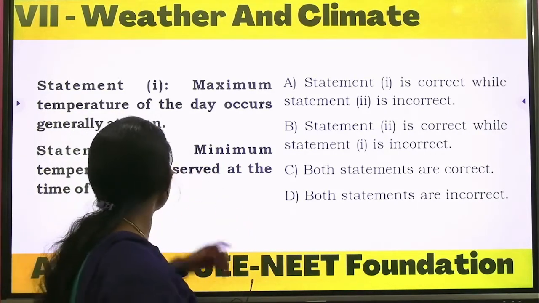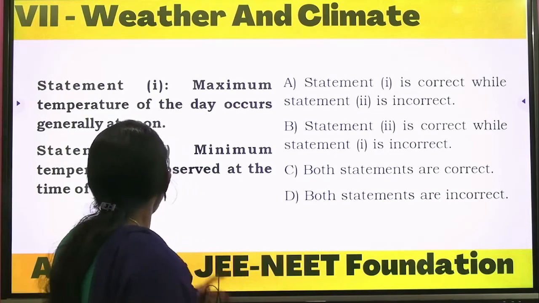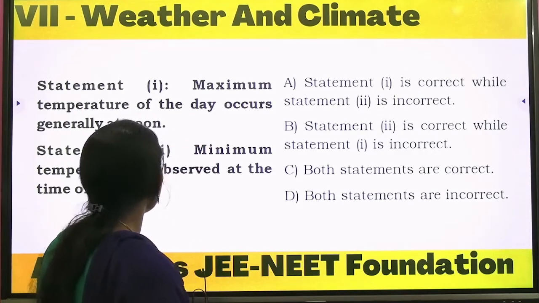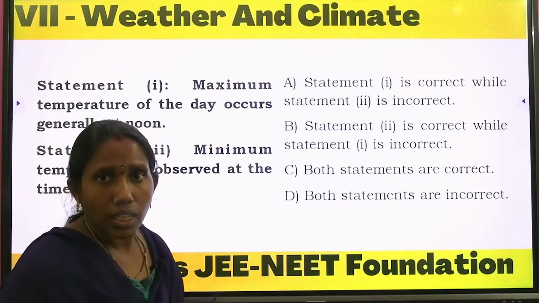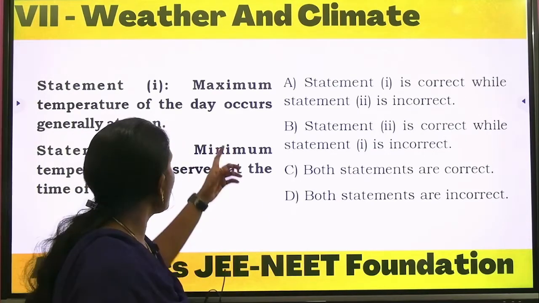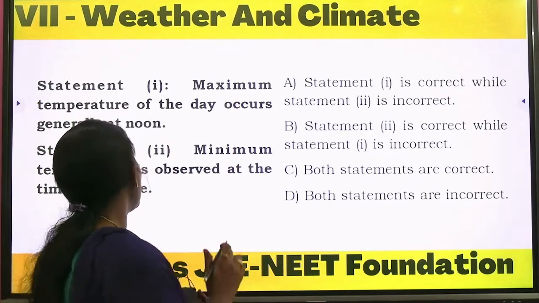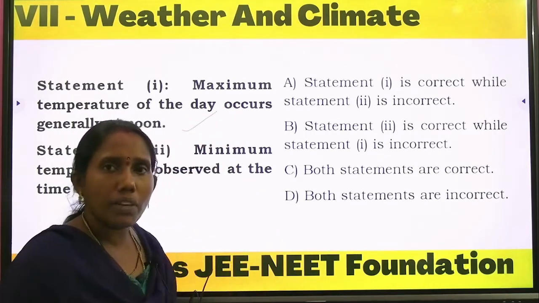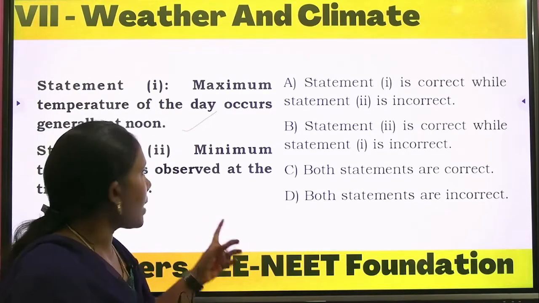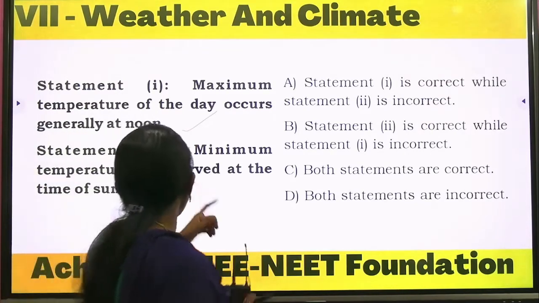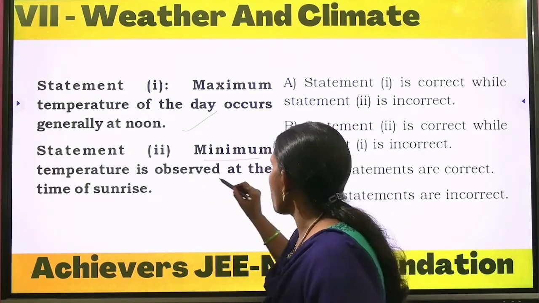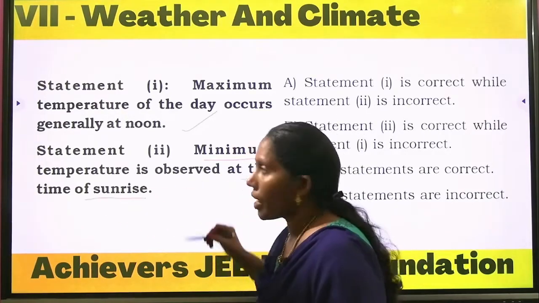Let us see the first statement. Maximum temperature of the day occurs generally at noon. Yes, in the afternoon we will observe the maximum temperature of the day. So statement 1 is correct. See the second statement: minimum temperature is observed at the time of sunrise.